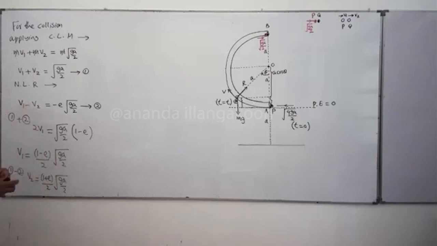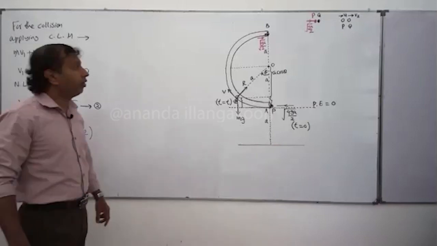Now you can very clearly see, out of this v1 and v2, this v2 is greater, because root ga by 2 is here and here, this 2 also we have, and here we have 1 minus e, but here we have 1 plus e. This 1 plus e factor is greater than this 1 minus e factor. Therefore v2 is greater than v1.